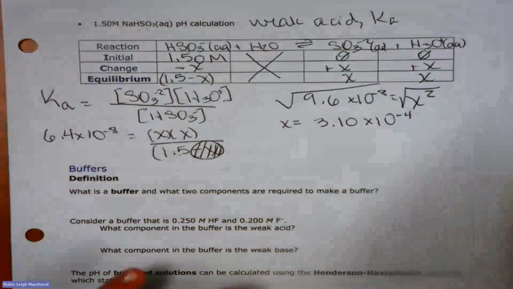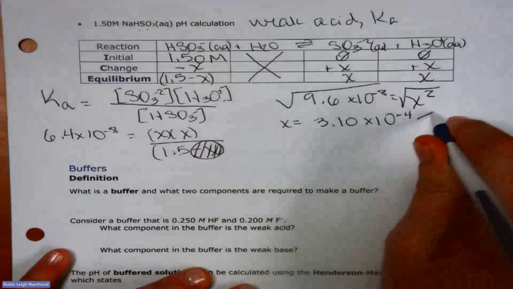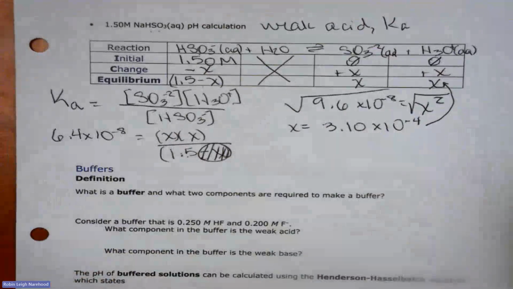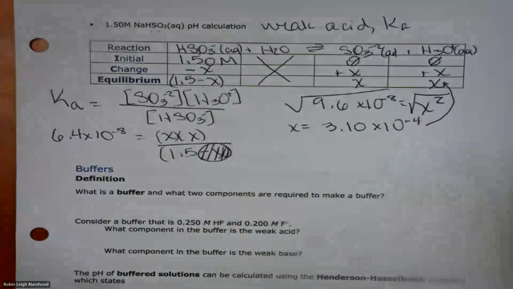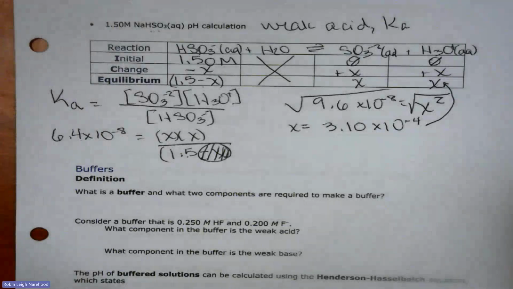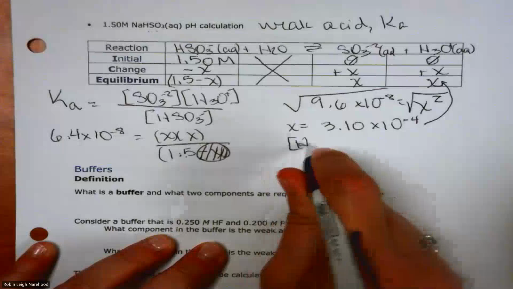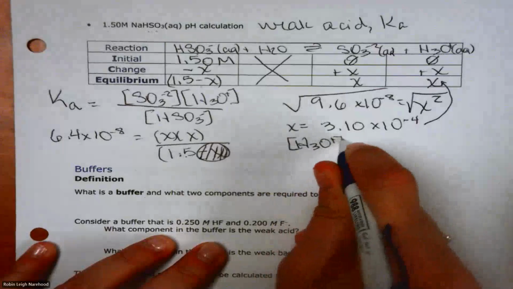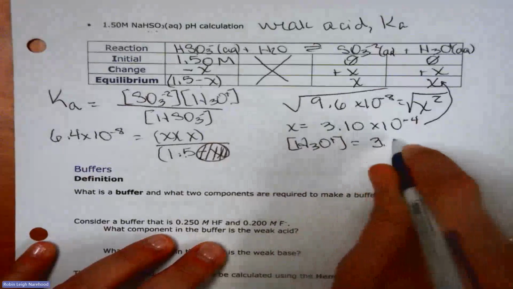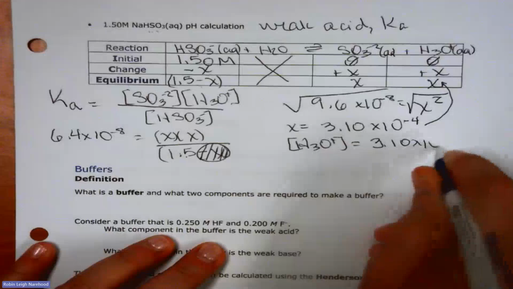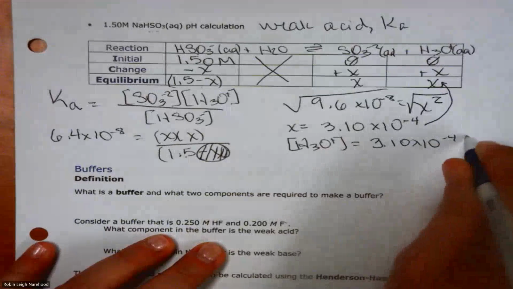What we're looking for, again, our goal is to find hydronium, which is going to be X for acids. So because that is an acid, our hydronium concentration equals 3.1 times 10 to the -4 molar.